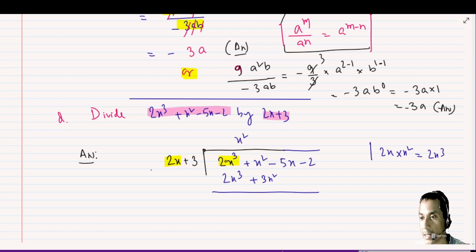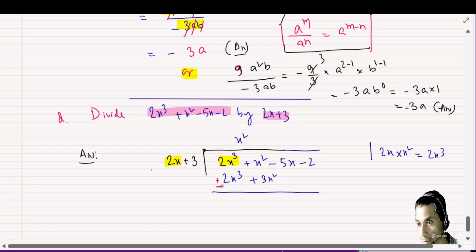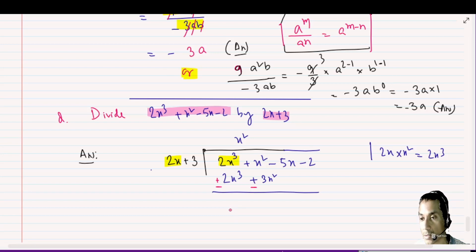So we know that in division, here we do the subtraction. So next you follow the subtraction method. The method is very simple. Here is plus, so it will be minus. Here is plus, it will be minus. Clear? So it cancels out. 2x cube minus 2x cube cancel each other.